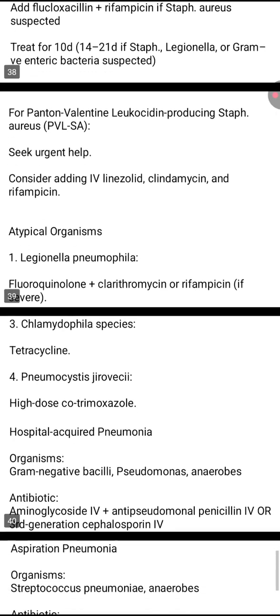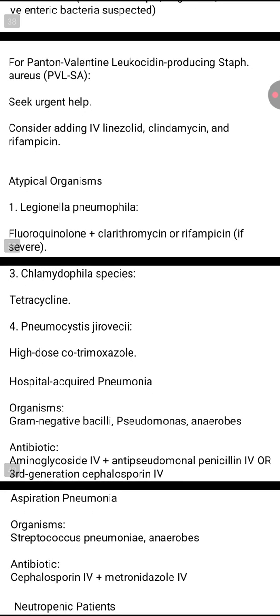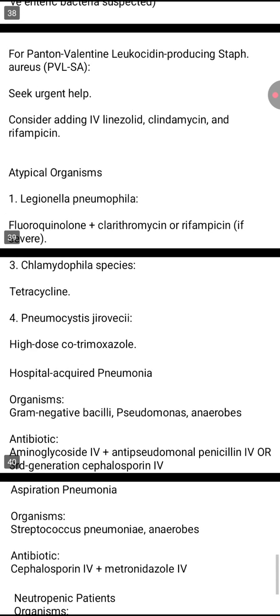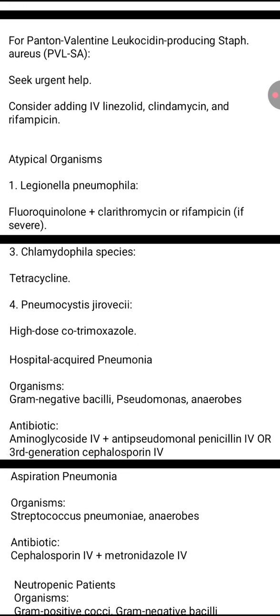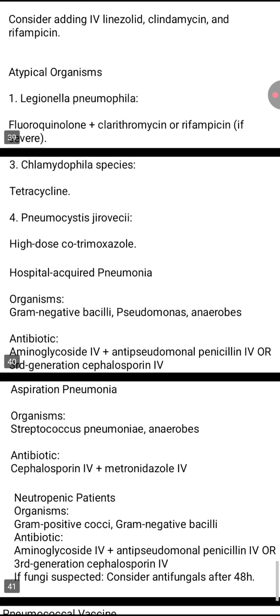Then for Panton-Valentine leukocidin producing Staphylococcus aureus, you have to seek urgent help and consider adding intravenous linezolid, clindamycin, and rifampicin. For atypical organisms like Legionella pneumophila, you can give fluoroquinolone plus clarithromycin or rifampicin if it is severe.